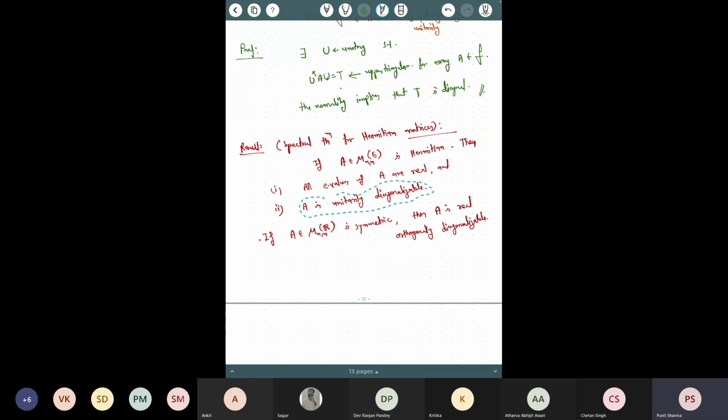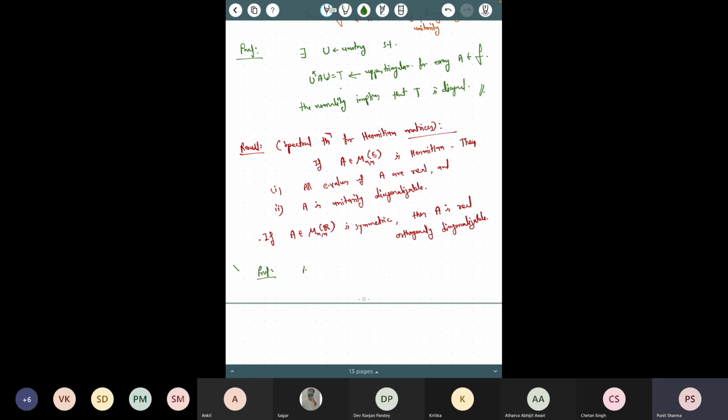Now, this second part follows immediately because of the spectral theorem for complex normal matrices. Because A is Hermitian, A is normal. Therefore, A is unitarily diagonalizable. So the proof is not difficult, it is straightforward.